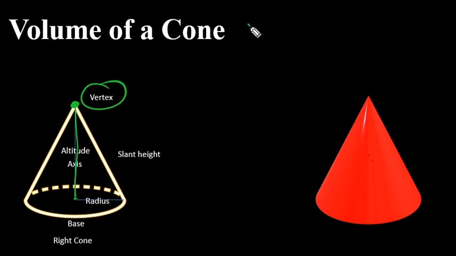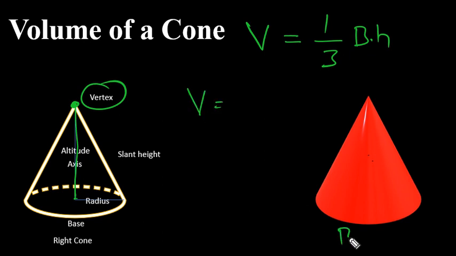The formula to find the volume of a cone is capital V equals 1 over 3 base multiply height. It is the same as a pyramid, but in this case the base is a circle. So the base area will be how much? The circle area is pi r square.